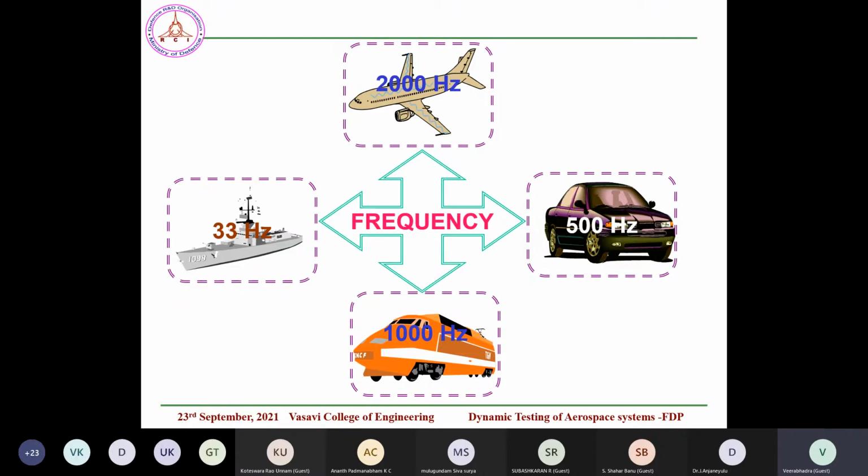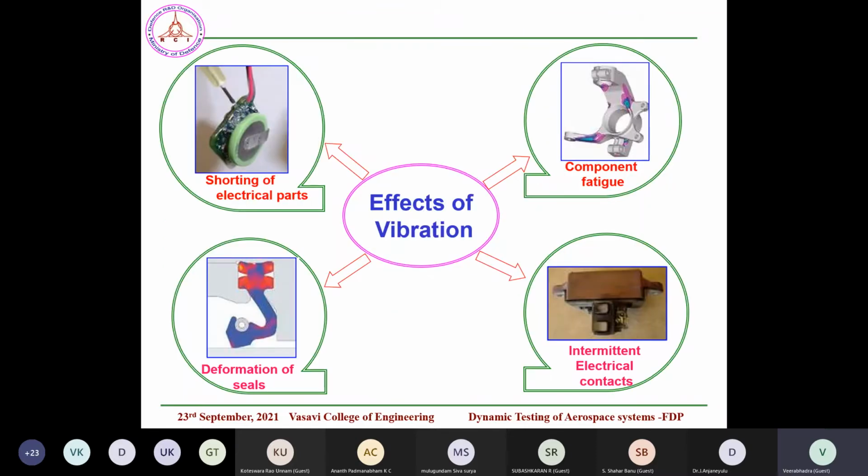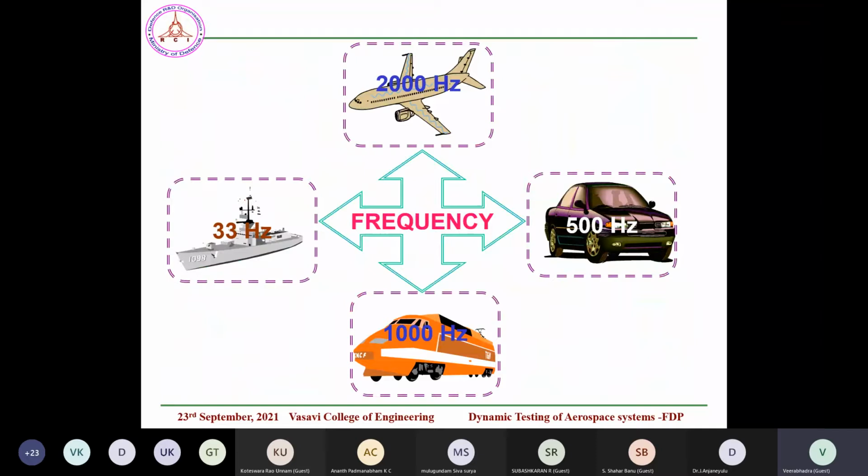For ships and other marine industry, because of their large size, simulation up to 33 hertz is enough. But some components may have higher frequencies; those subsystems we need to simulate at higher frequency, but as a whole system, up to 33 hertz. Railways are intermediate between aerospace and automobile, up to 1000 hertz.